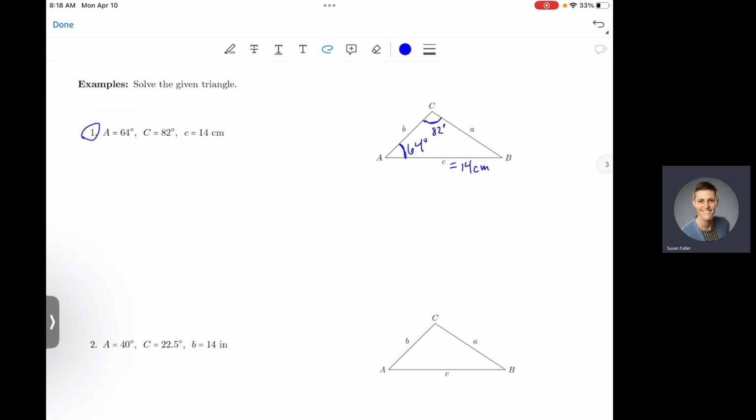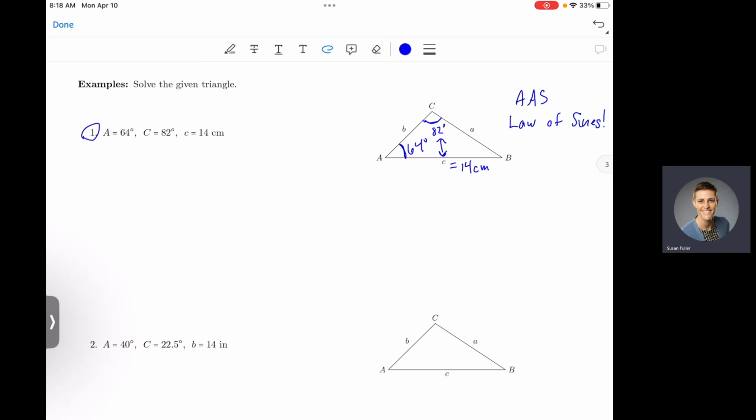Okay, so this is an angle side situation, and that means that we will use the law of sines. Again, to see that, we are given an angle and the side opposite it. We have a complete ratio. This is the law of sines situation.